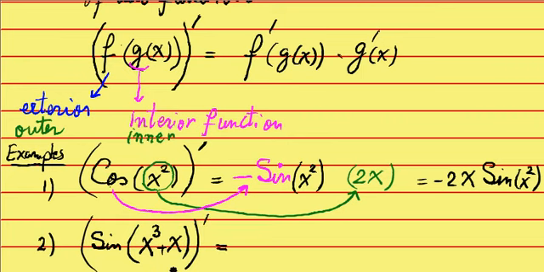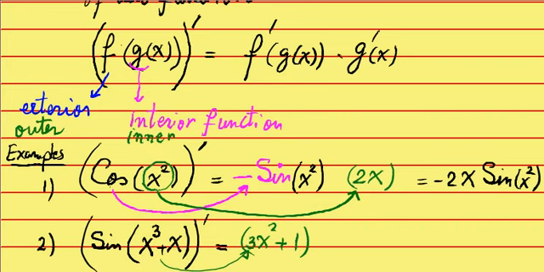Again, the idea is to differentiate the inner function. So I learned my lesson from that side. I'm going to go ahead and write the derivative up front. The derivative of this one, x cubed plus x, is 3x squared plus 1.